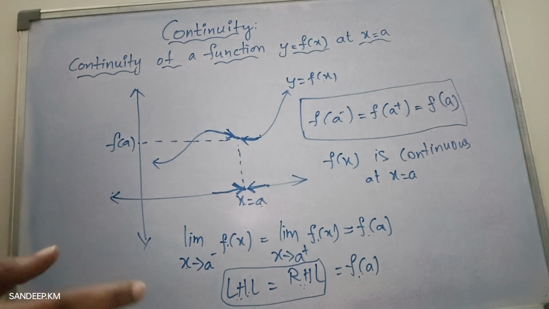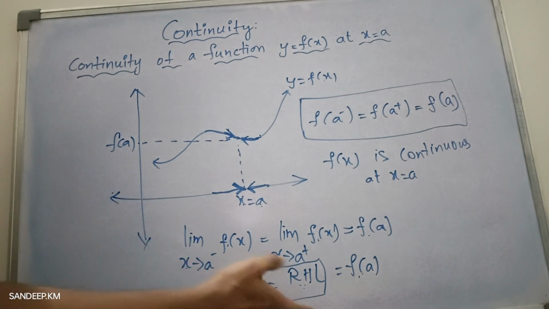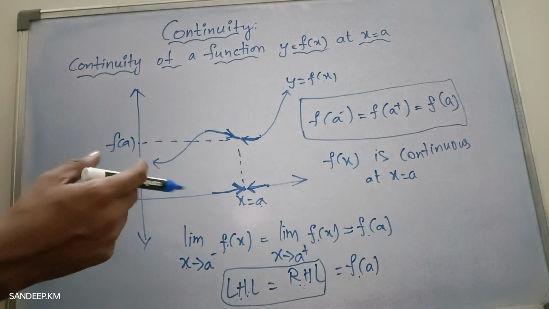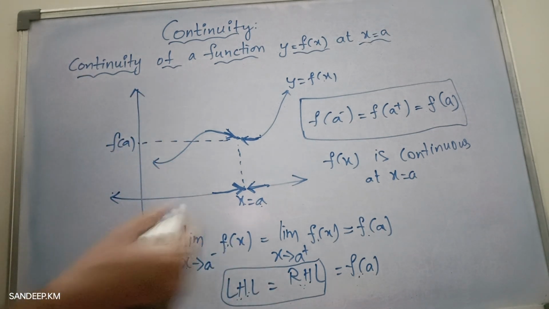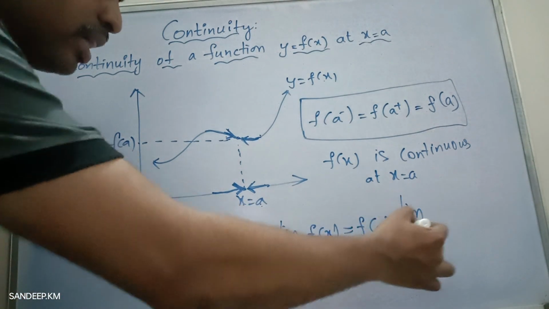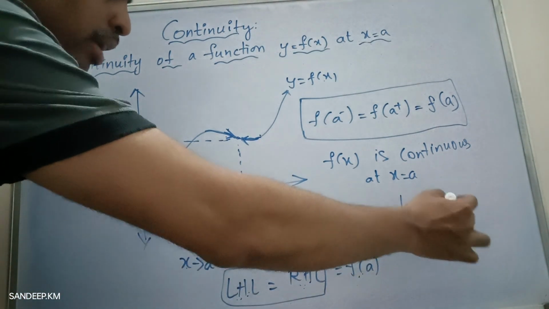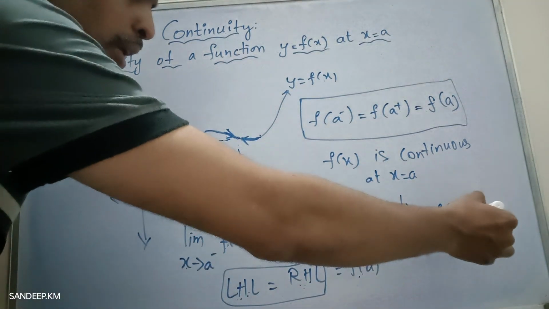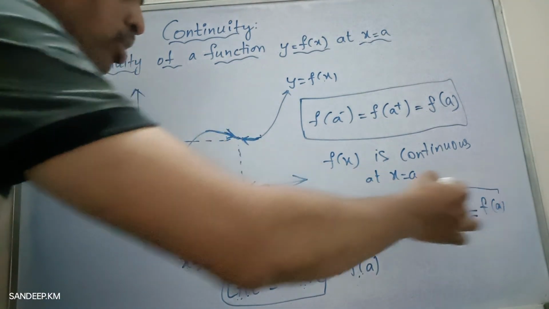But every time we don't have to find LHL and RHL, right? In some problems, we don't have to find LHL and RHL separately. Directly, if you check whether limit x approaches a f of x, that means if you check whether the limiting value of the function is equal to the value of the function, this is enough.